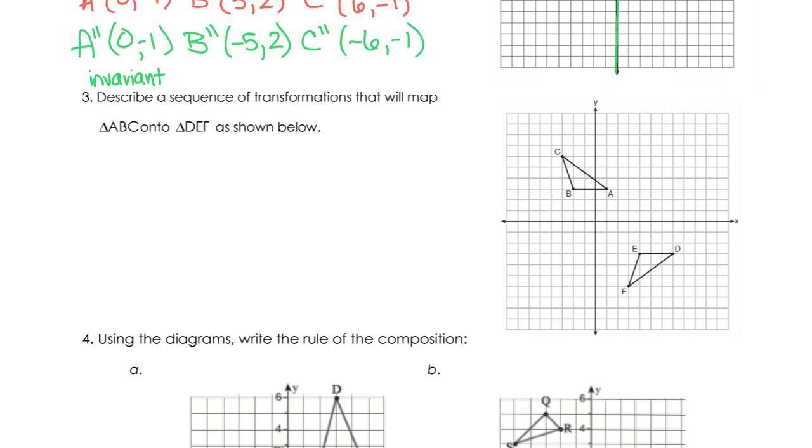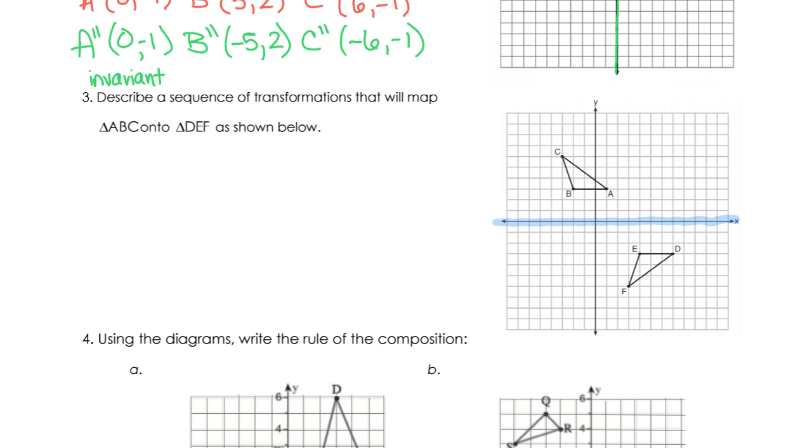And I think you guys can see that if I were to flip my triangle, that it would be in a good position to slide right onto triangle DEF. I don't know if you guys can visualize that, but sometimes that's what you have to do with transformations. So I'm going to go ahead and flip it over the easiest line that I can.